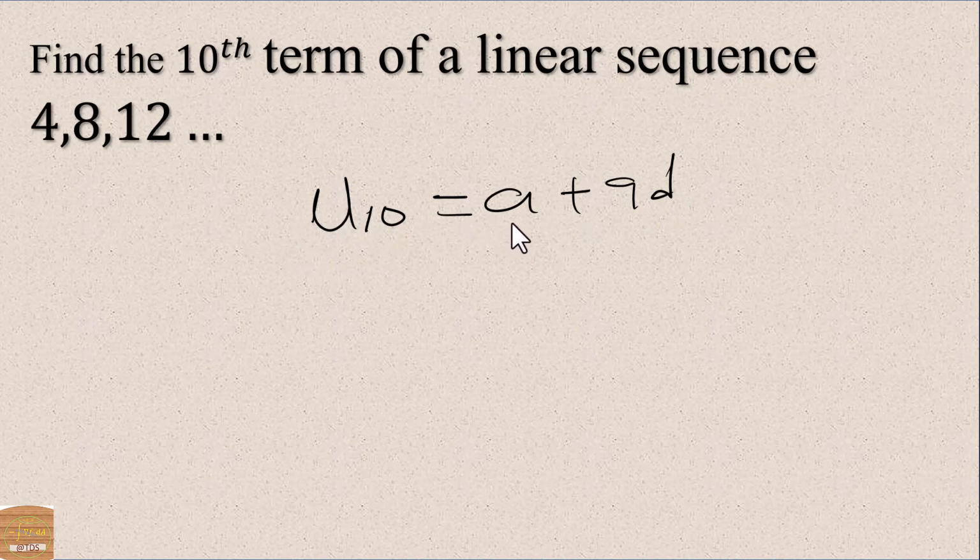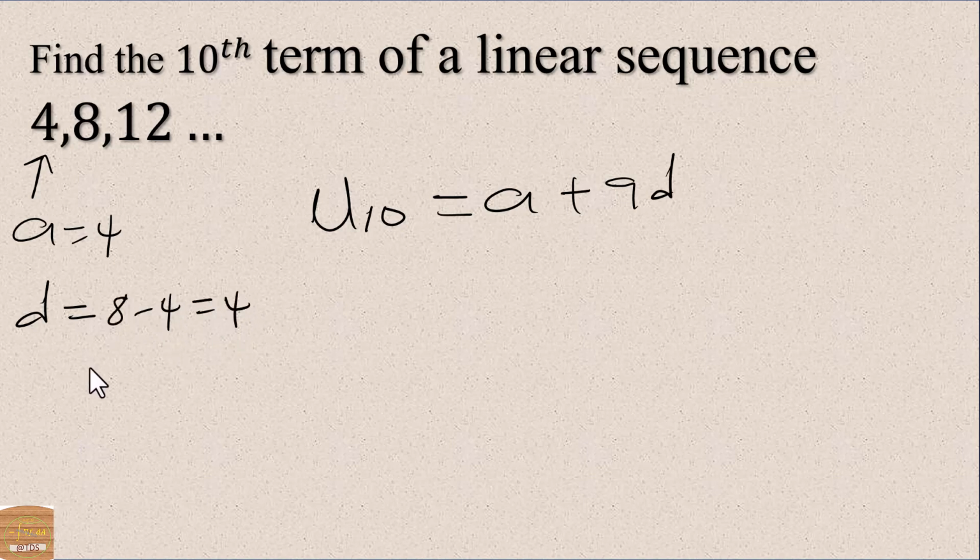The first term is called a, so that is 4. And my common difference, d, is what? 8 minus 4, which is 4, or 12 minus 8, which is 4. So let's find the 10th term.